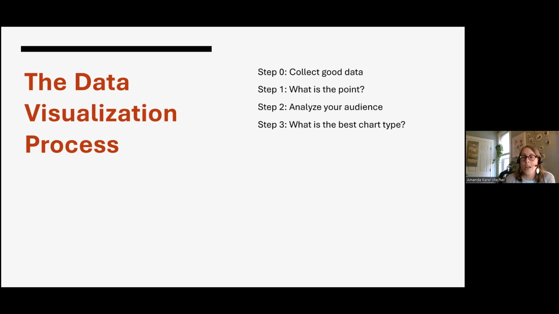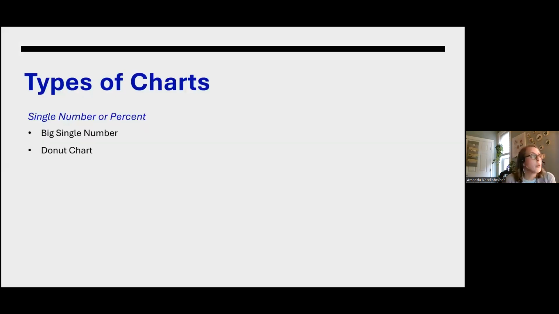As I said last time, the correct chart is shaped by what you want your audience to focus on or recall later. So the last time we met, when we were talking through types of charts, we talked about a big single number or a donut chart, if you're trying to help people take away literally one number or 1%.